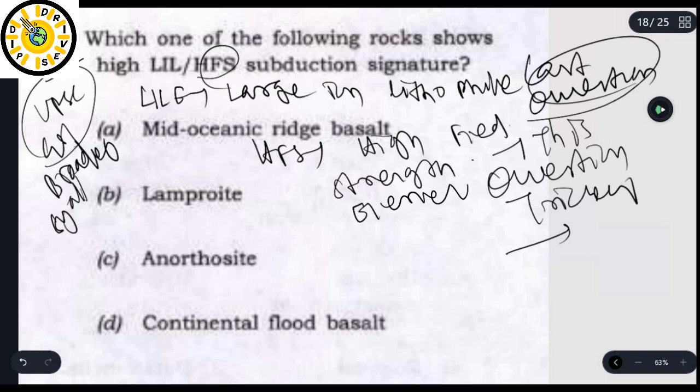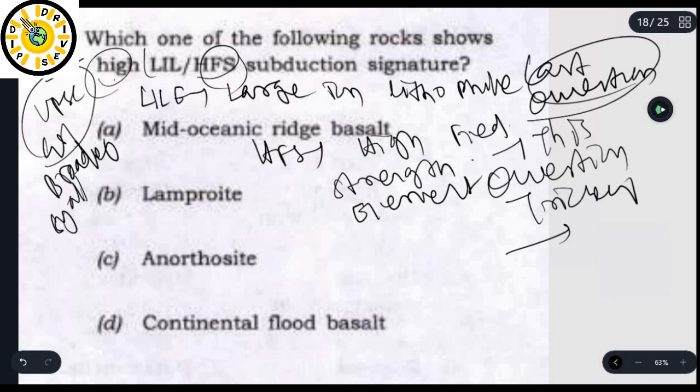See, this is very tricky, even I don't understand this particular question, whether it is asking that the large ion lithophile element to HFSE ratio will be higher, or high LILE will be there and high HFSE will be there.